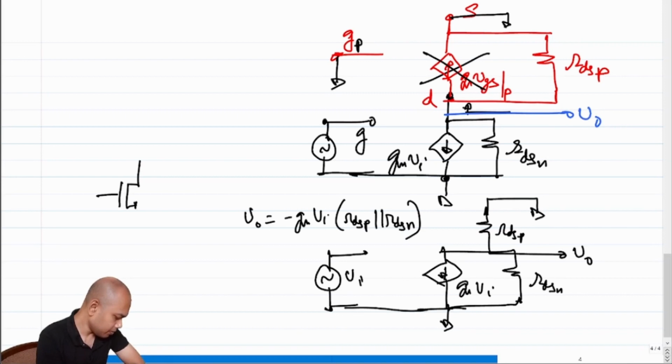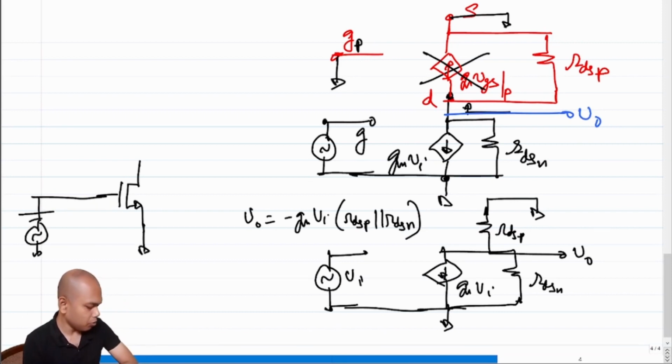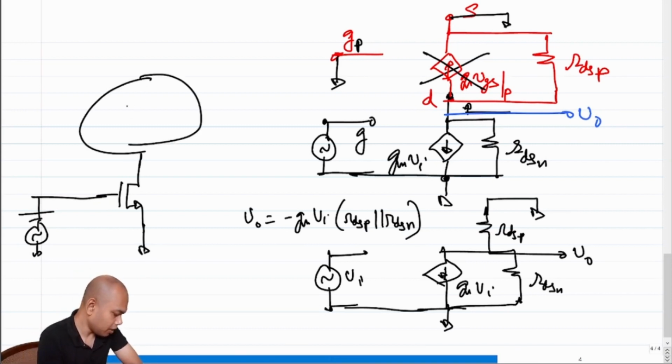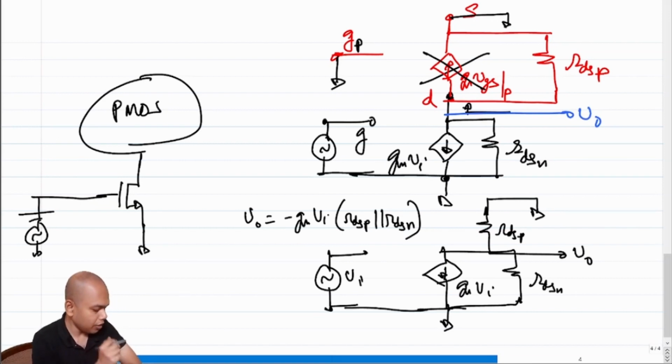The n-Mos side, we know how to go about biasing, so we wouldn't spend too much time on that. But on top we need to put a p-Mos transistor, and we have to ensure that the p-Mos transistor is in saturation, right?